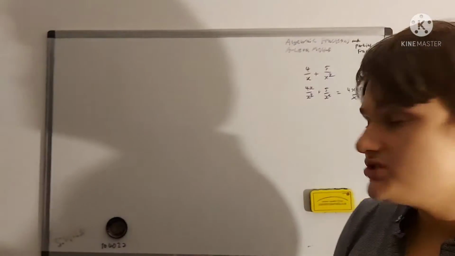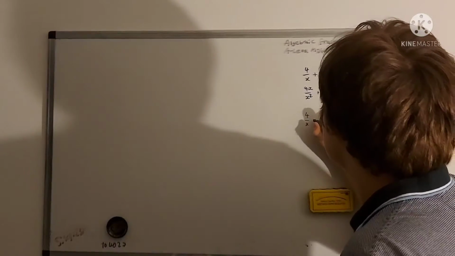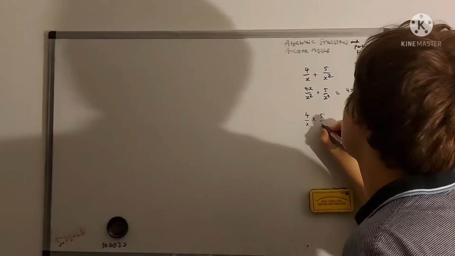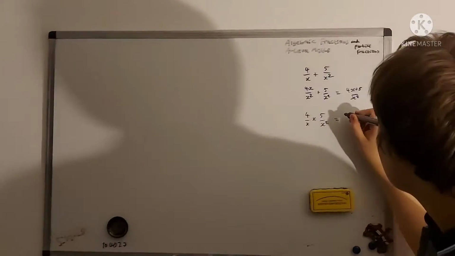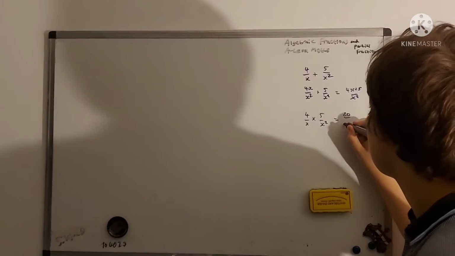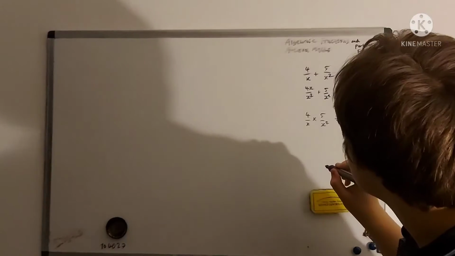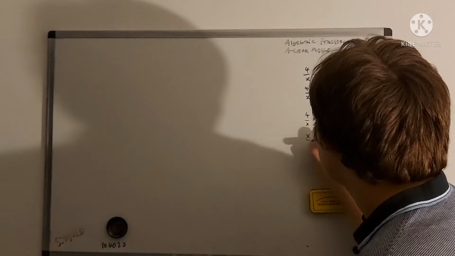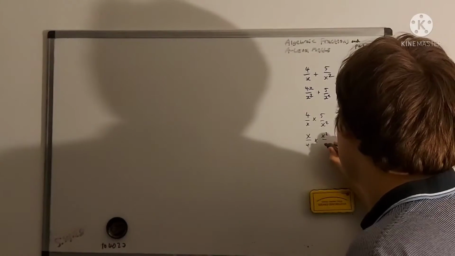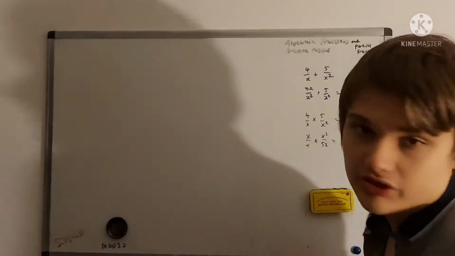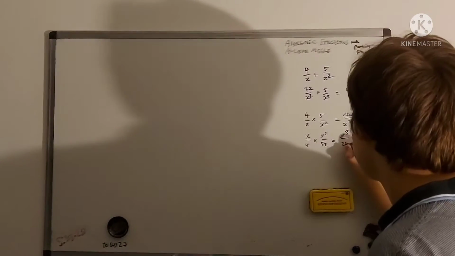Now, if I wanted to multiply these together, so 4 over x multiplied by 5 over x squared, I'd just multiply them like I would multiply numbers together. So I'll do 4 times 5, which gives 20, and x times x squared gives x cubed. If I wanted x over 4 times x squared over 5x, it doesn't really matter, it could be anything, I could say that it would be x cubed over 20x.